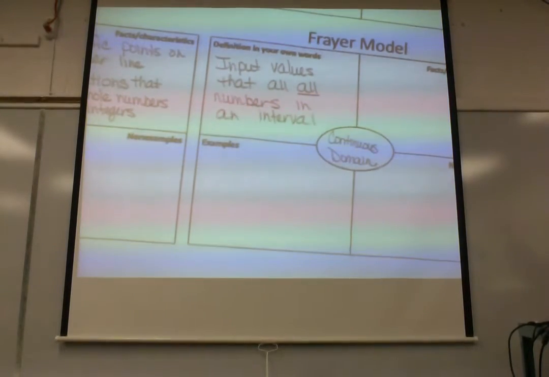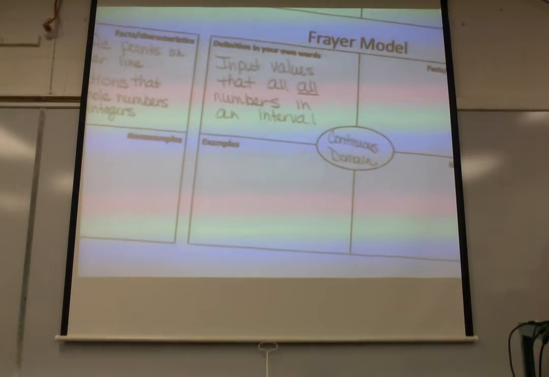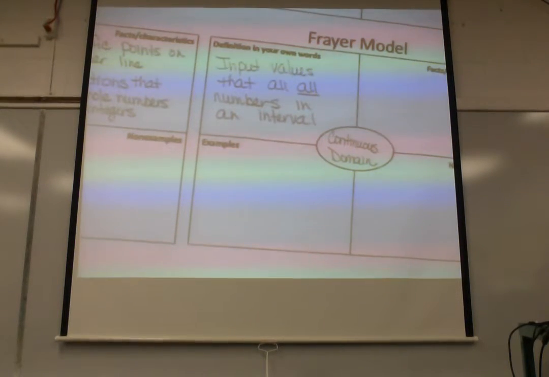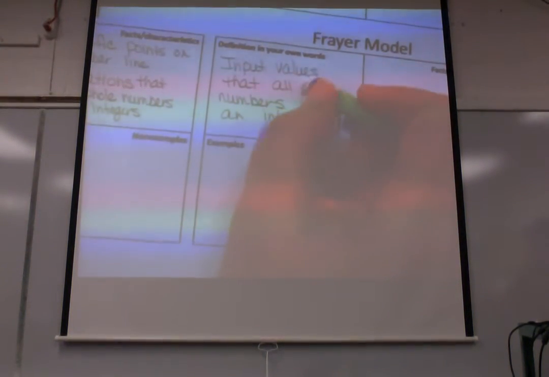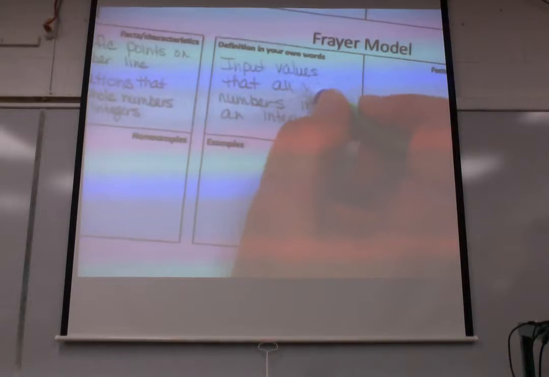So if it's all numbers, what does that mean? Every number in between. So that means it's going to be whole numbers, integers, what else? Decimals and fractions.